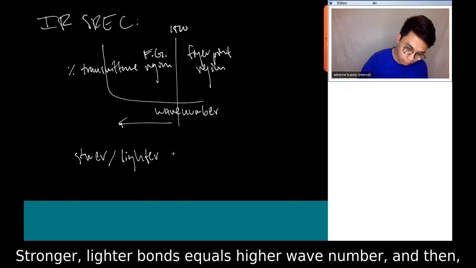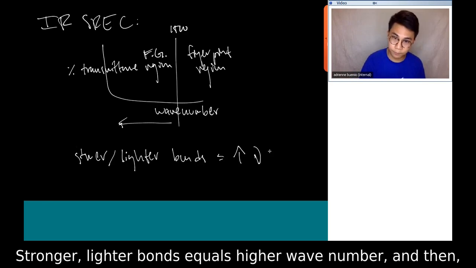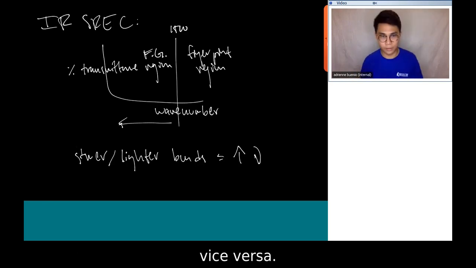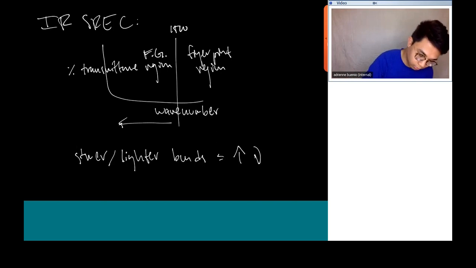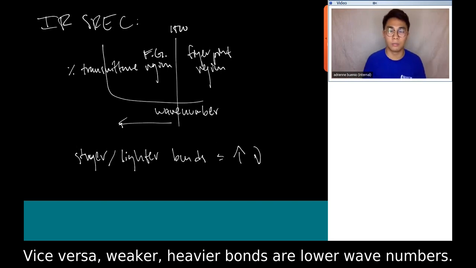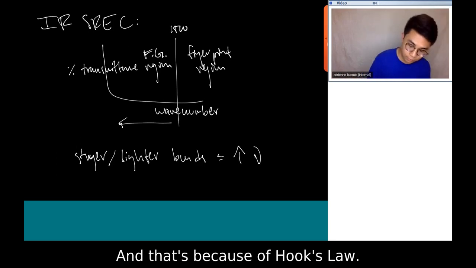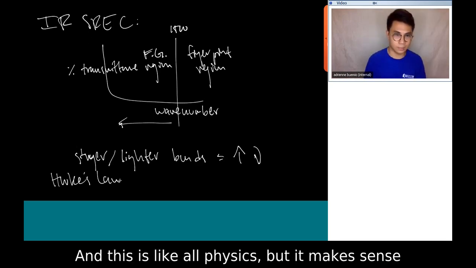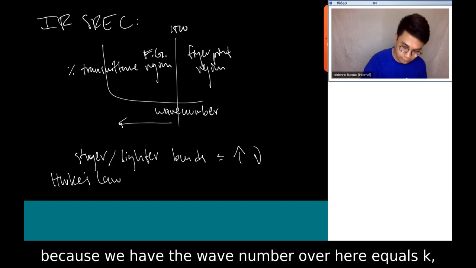Stronger, lighter bonds equal higher wave number, and then vice versa. Weaker, heavier bonds are lower wave numbers, right? And that's because of Hooke's law.